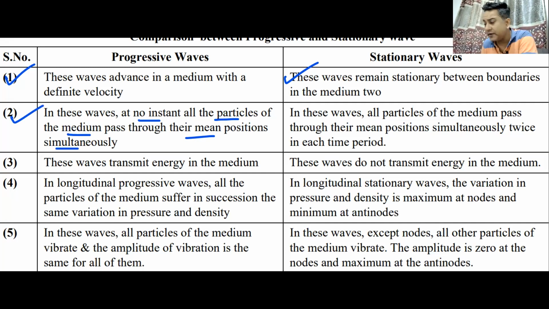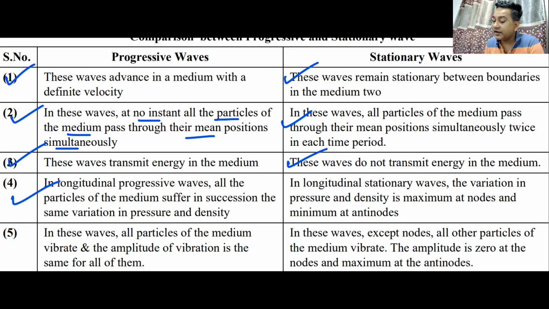All particles are performing their own SHMs. But in stationary waves, two times in one cycle, two times in one time period, all the particles simultaneously cross their mean position. Do we understand this? In a progressive wave energy is transferred, in a stationary wave energy is not transferred.